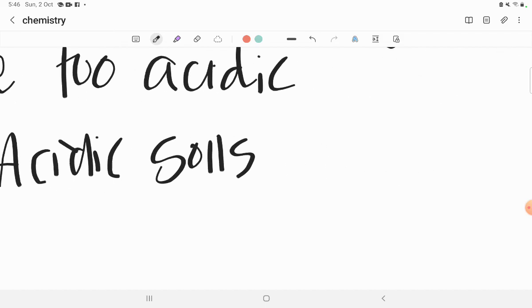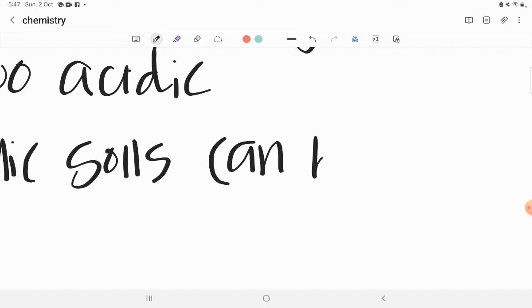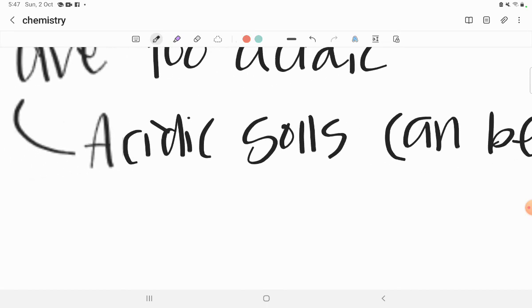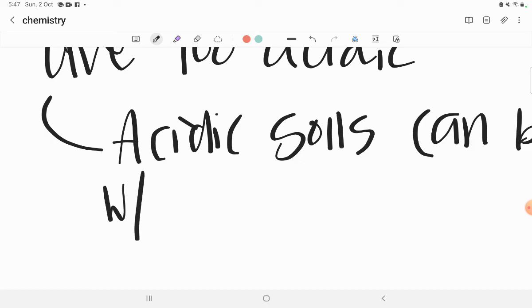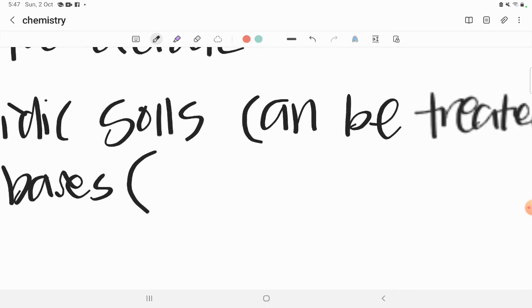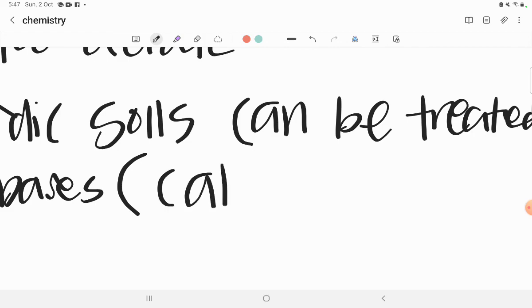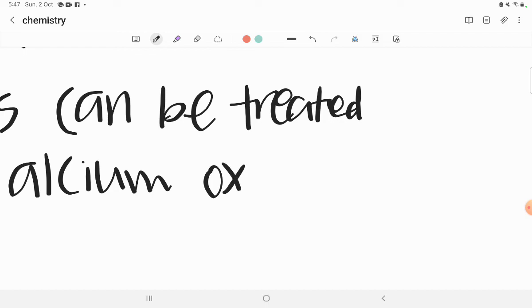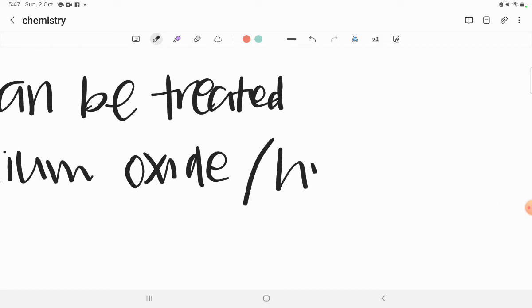So acidic soils can be treated with bases. Some examples are calcium oxide or calcium hydroxide.